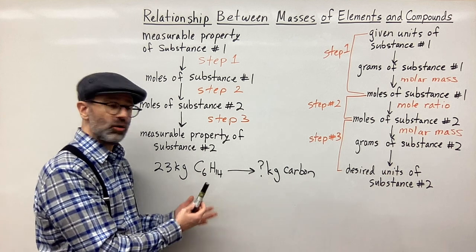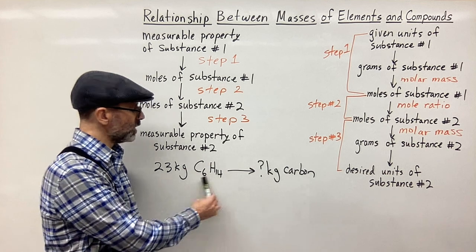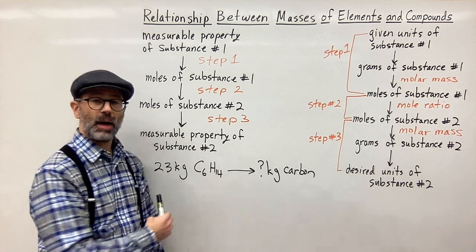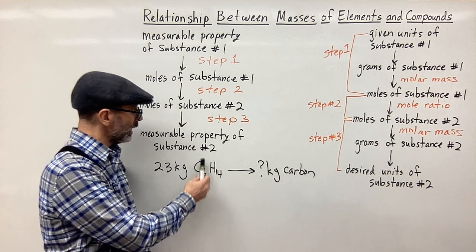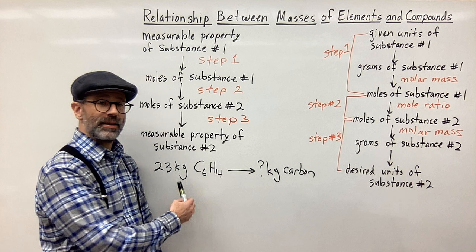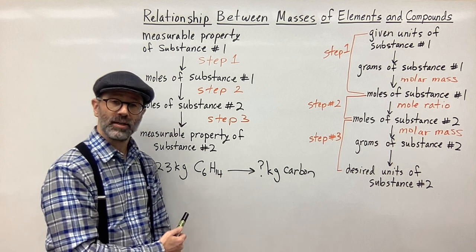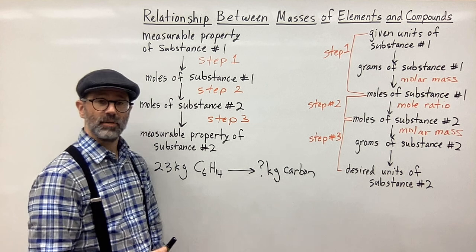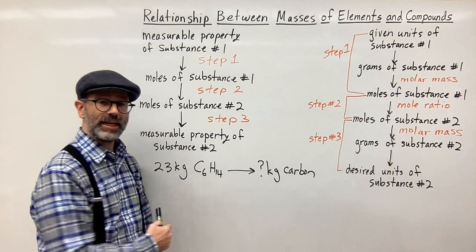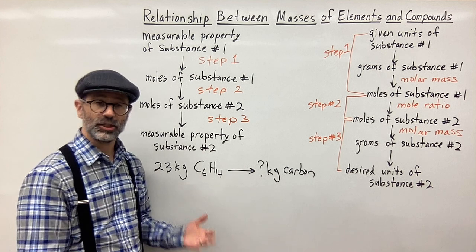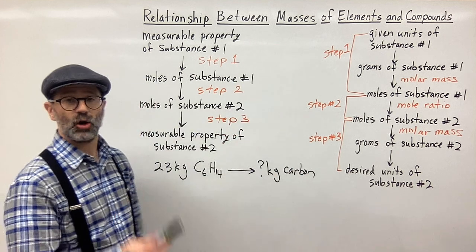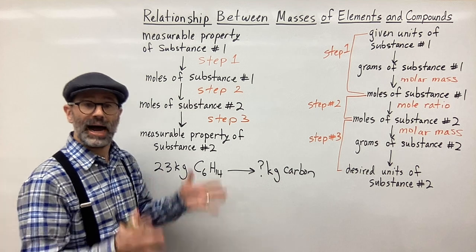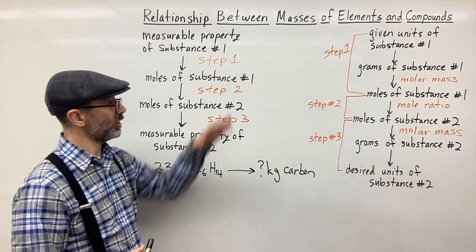So the mole ratio is 1 to 6, because for every 1 mole of hexane molecules, 6 moles of carbon come from 1 mole of hexane. I can use that mole ratio as a conversion factor. I'm going to write it out, but not solve it. I just want to show you how this is set up according to the steps.